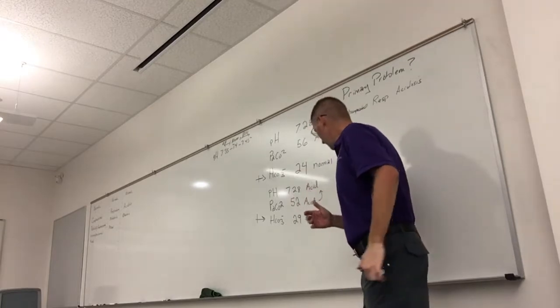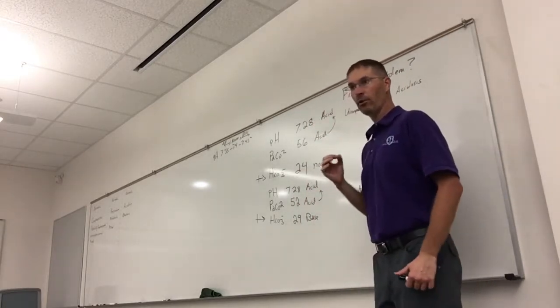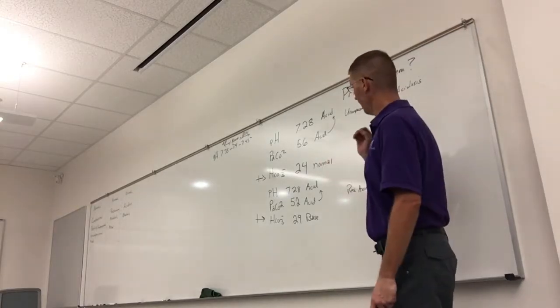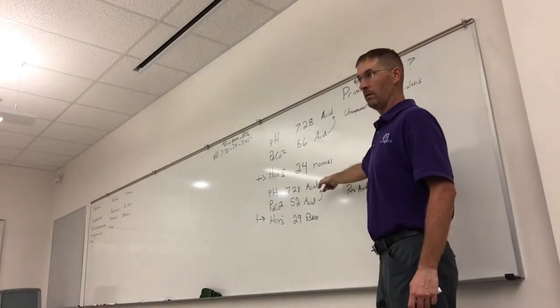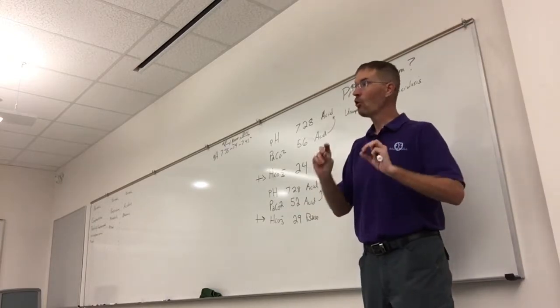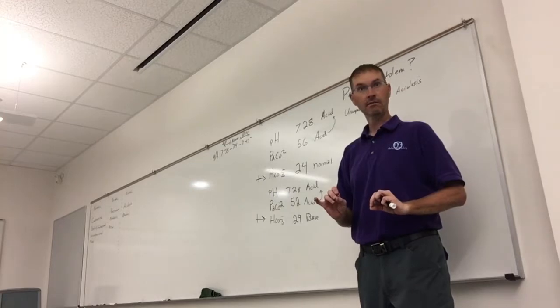So, what tells us the difference between partial and fully compensated? Well, if this was fully compensated, where would the pH be? It'd be in the normal range. It would not be normal, it would be in the normal range. Does that make sense?